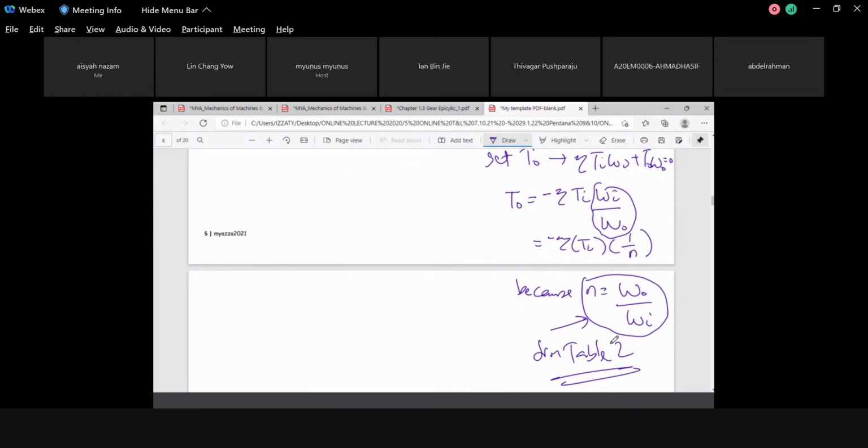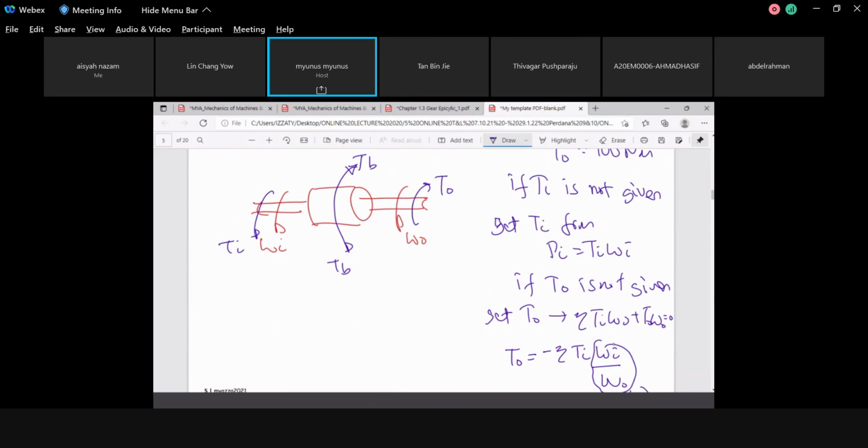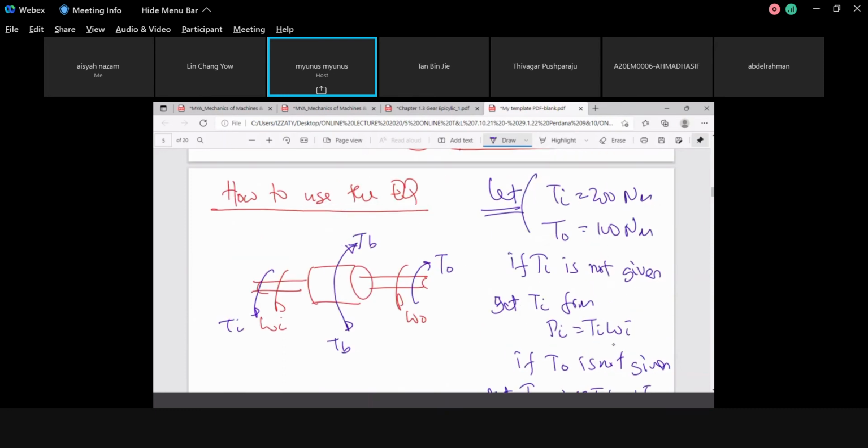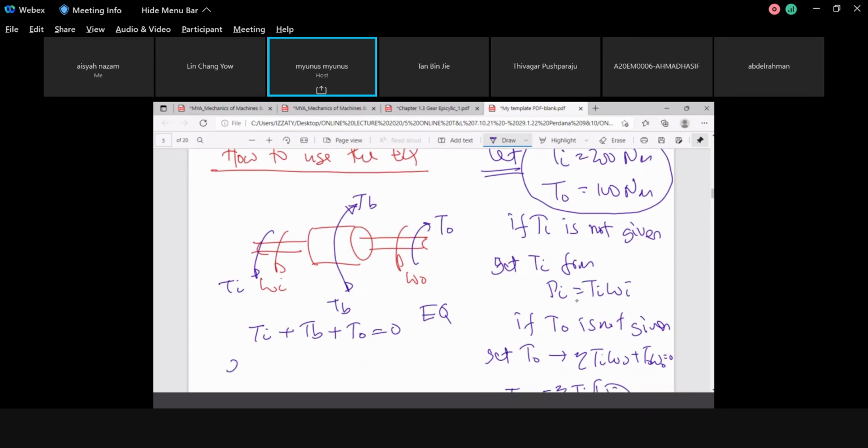Okay, now we go back here. So now let's say this one is given and this one is not given. What you have to do now is put it here, just to prove it is correct. So Ti plus Tb plus To equal to 0, the equilibrium equation. So put in Ti equal to 200, plus Tb which we do not know, plus To is 100, but To is rotating in the opposite direction, so we have negative 100, equal to 0.